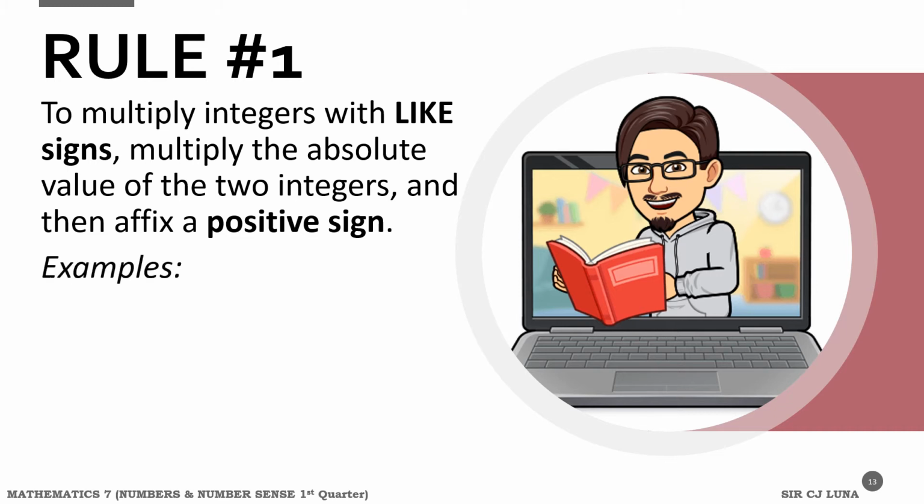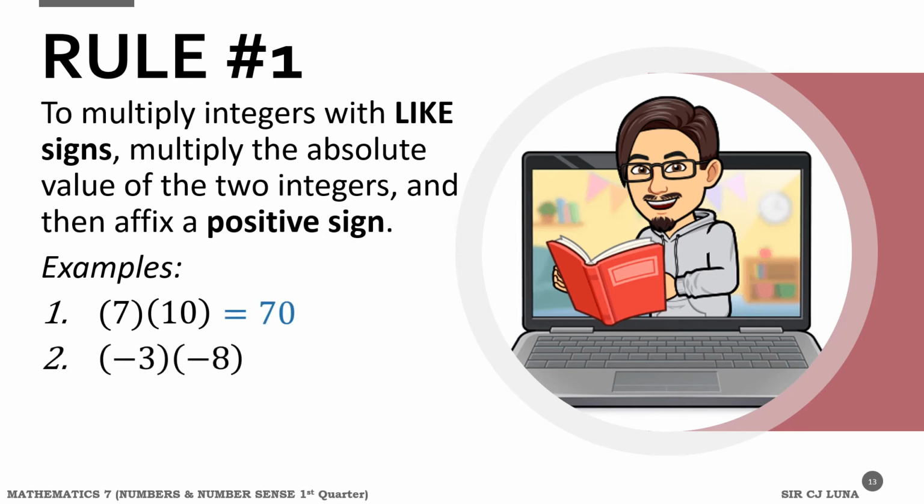For example, 7 times 10. The answer is positive 70. Correct. Negative 3 times negative 8. Positive 24. Negative 5 times negative 11.